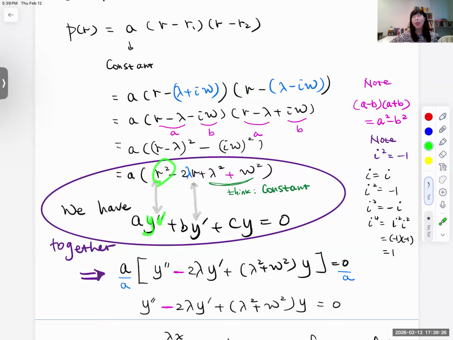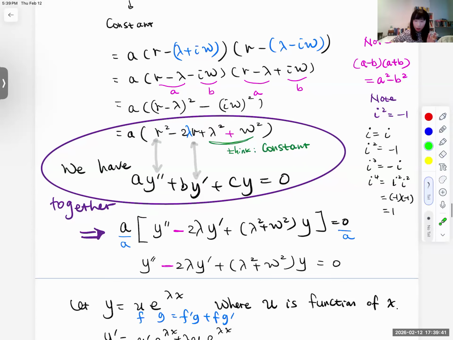Okay, now we can express R squared, which is y second prime, and we can express R as y first prime, right? And look, so we express this one like this, yeah?